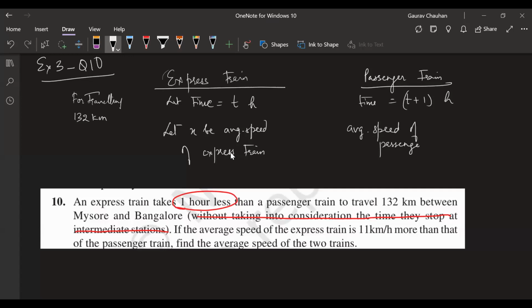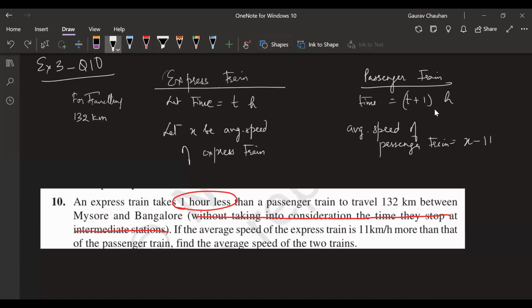Anyone in the chat, please? It's saying the express train is 11 kilometers per hour faster. The express train has 11 kilometers per hour more speed. What will be the average speed of the passenger train? Deepak, absolutely right. It will be x minus 11. Which one is more? Express train is more, so for the passenger train I have to subtract 11. Simple stuff, right?